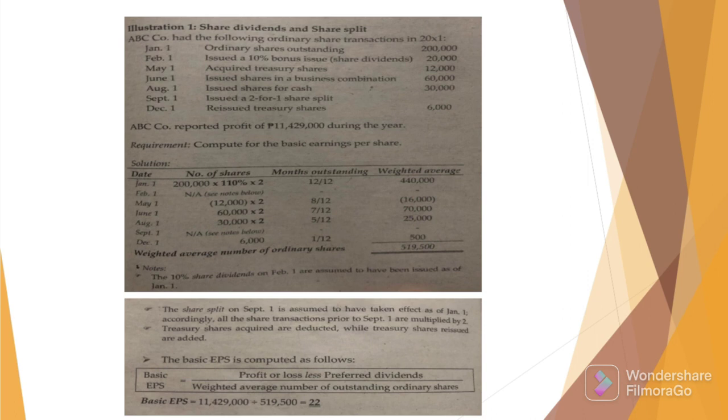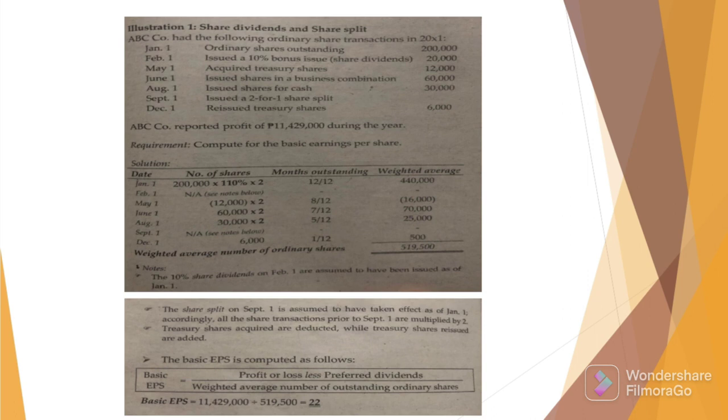June 1, issued shares in a business combination of 60,000. August 1, issued shares for cash, 30,000. September 1, issued a 2-for-1 share split. December 1, reissued treasury share of 6,000. ABC Co. reported profit of 11,429,000 during the year.